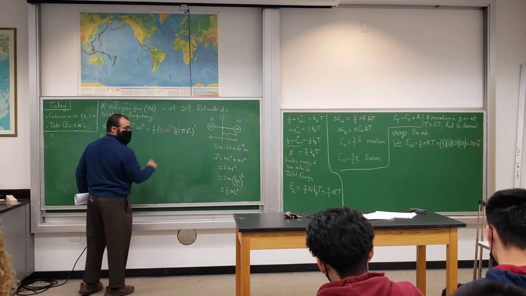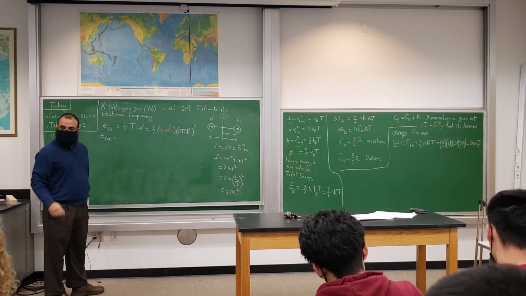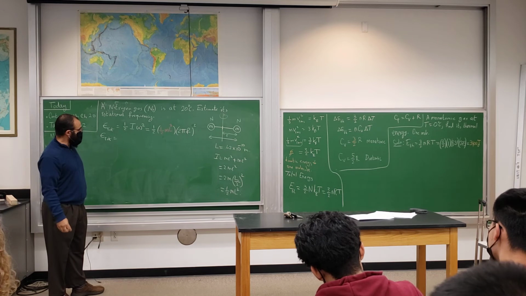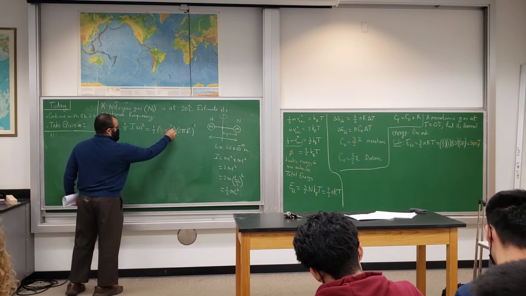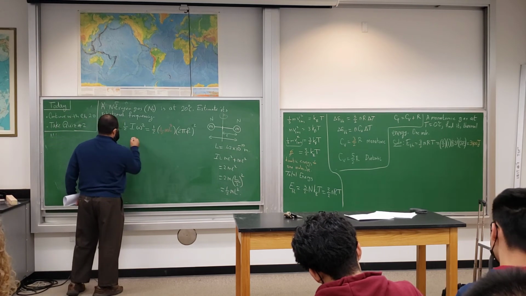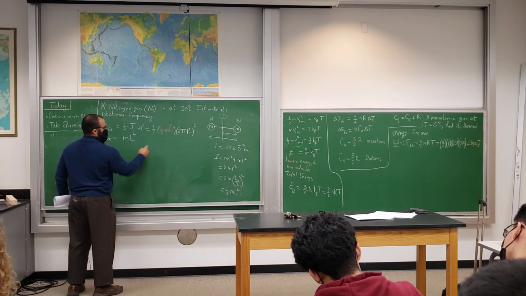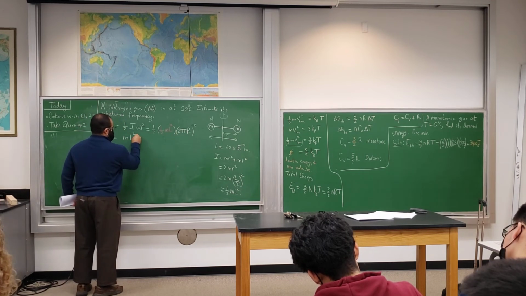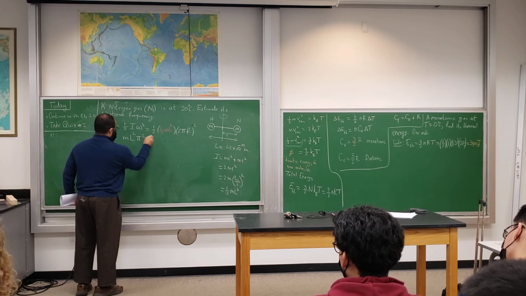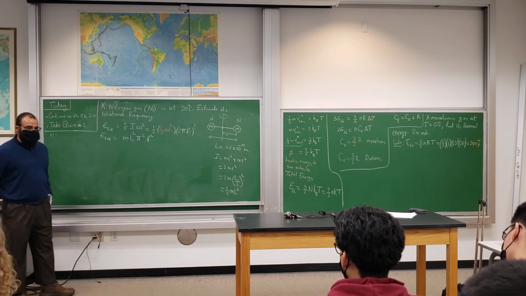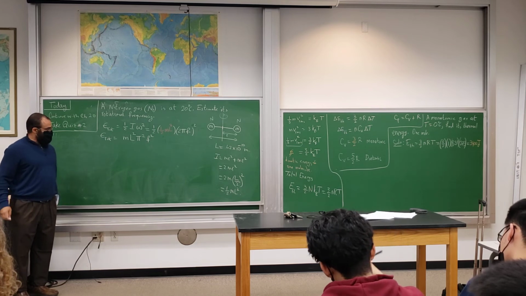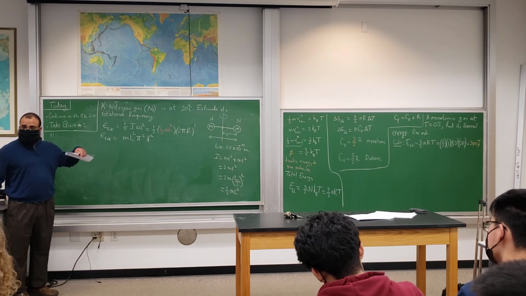A 4 times 1/4, so all those 2's go away. And I end up with m L squared, you square the pi, you get pi squared, and you get f squared. This is rotational kinetic energy, right? About one axis.